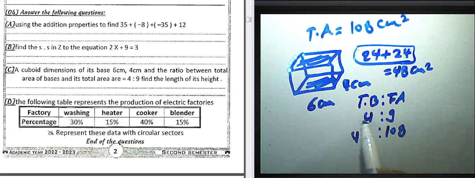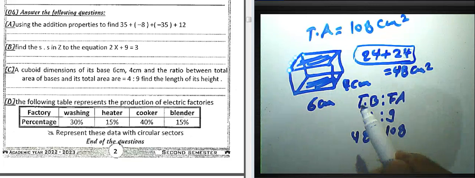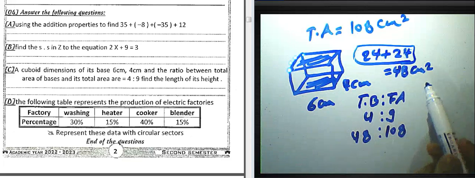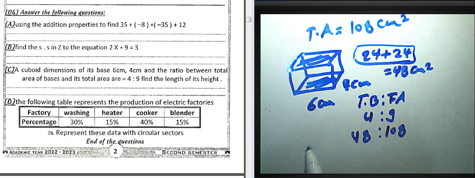He asked about the height. We can find the height of this cuboid. How? You can subtract the area of the two bases from the total area to find the lateral area.